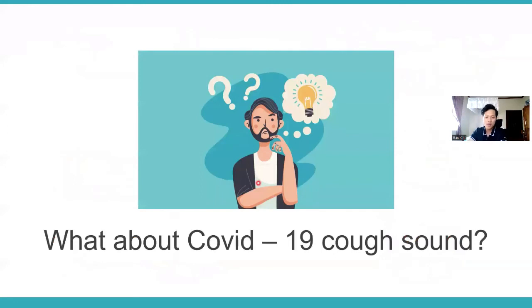So what about the COVID-19 cough sound? Actually, the COVID-19 cough sound is not really different from other disorders, so it is hard to classify by ear. But some papers and some works have proven that a machine can classify the COVID-19 cough sound.